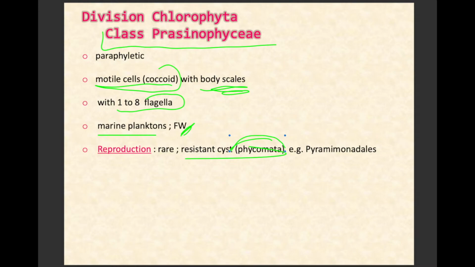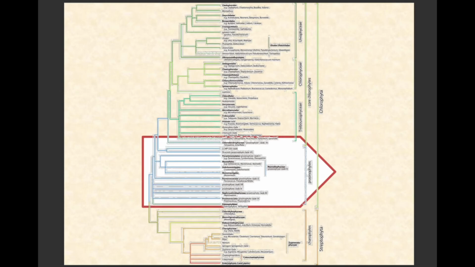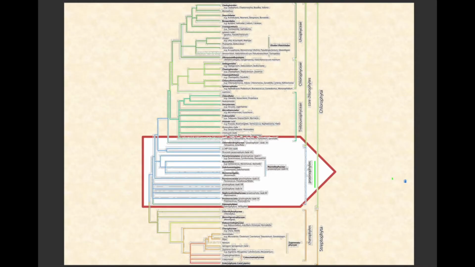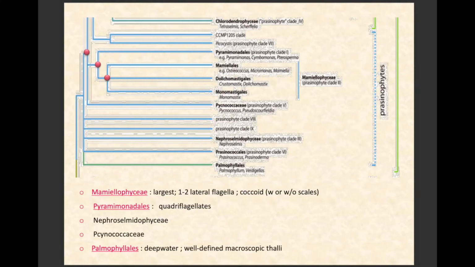And these are exhibited by your Pyramimonadales. Okay, so that's your Prasinophyceae. Tingnan natin kung nasan sila. Sa figure natin, ayan yung mga organism natin. Ayan yung kanilang location. So, zoom in of that. This is your Prasinophytes. Ayan sila.